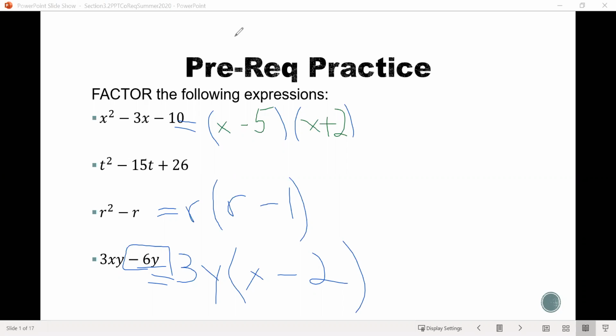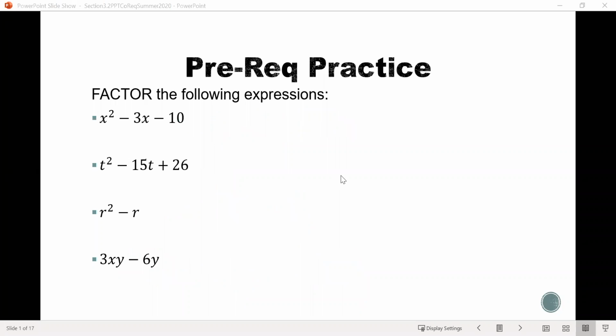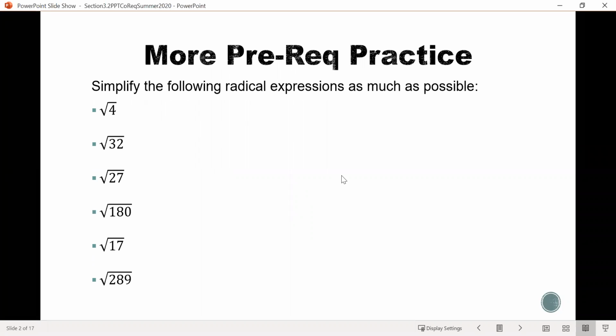All right. Let's talk next about simplifying radical expressions, or square root expressions at the very least. We have a bunch of square root expressions here, and I'm not going to have time to go through all of them. For the first one, notice it says square root of 4, and we know that is 2, because 2 times 2 gives us 4.